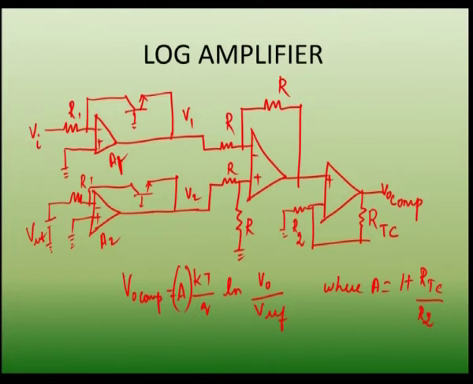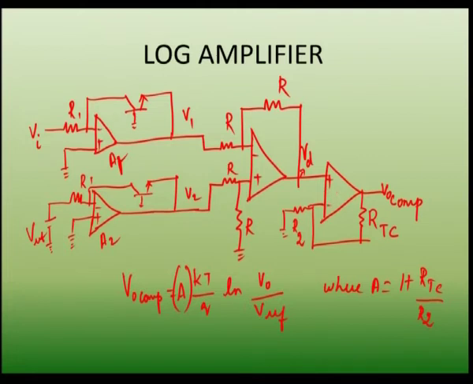These 2 voltages are given to the differential amplifier. Considering all the resistances of the differential amplifier as equal, the output of the differential amplifier will be V2 minus V1. Next, this difference voltage VD is given to the non-inverting terminal of the operational amplifier.